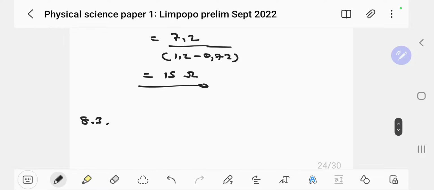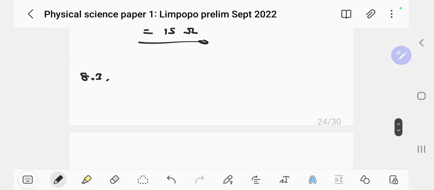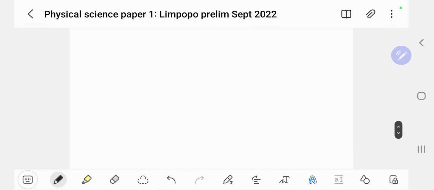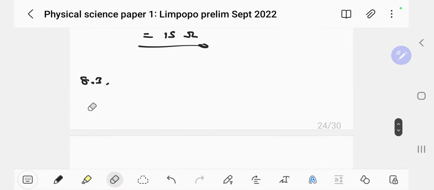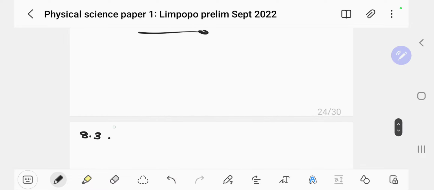Let's use the space. 8.3, so we want the power. Basically, the rate at which energy is dissipated is power. So it's going to be I squared R. What is the I? It is 1.2 squared multiplied by R, which is 12.